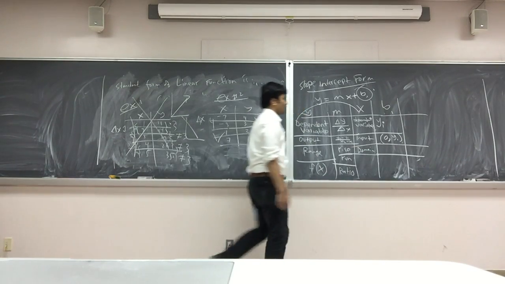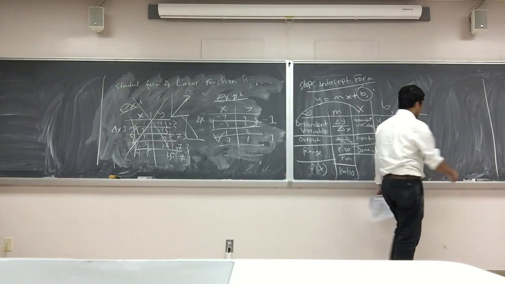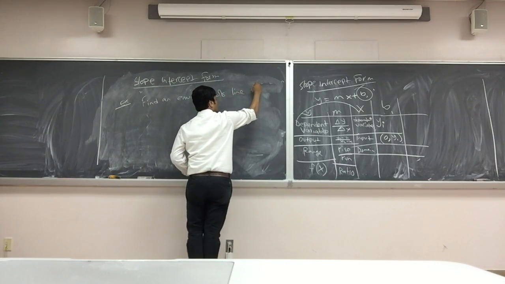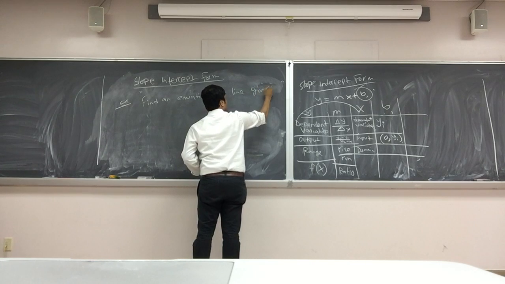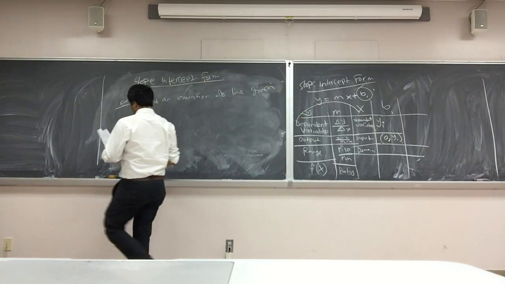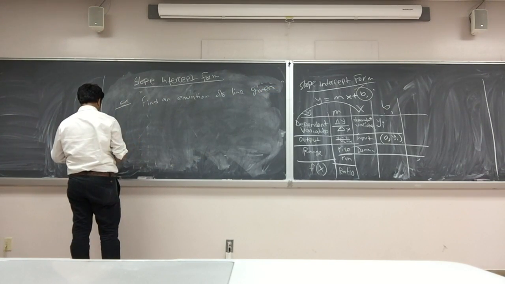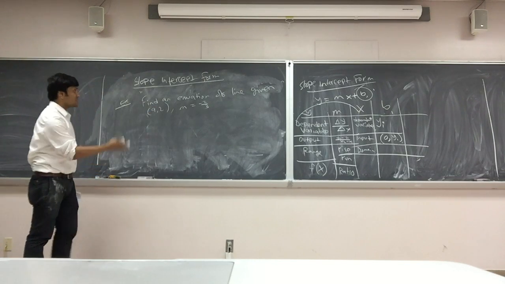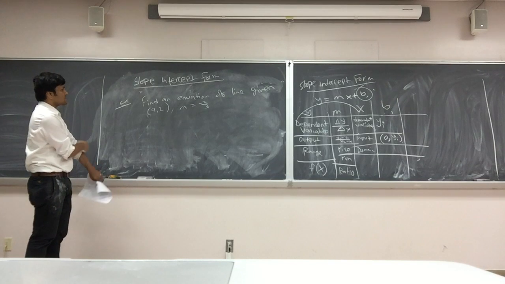Okay, let's give you an example to understand it. Given the point (9, 2) and slope -2/3. This is pretty simple. We're just gonna use the slope intercept form.